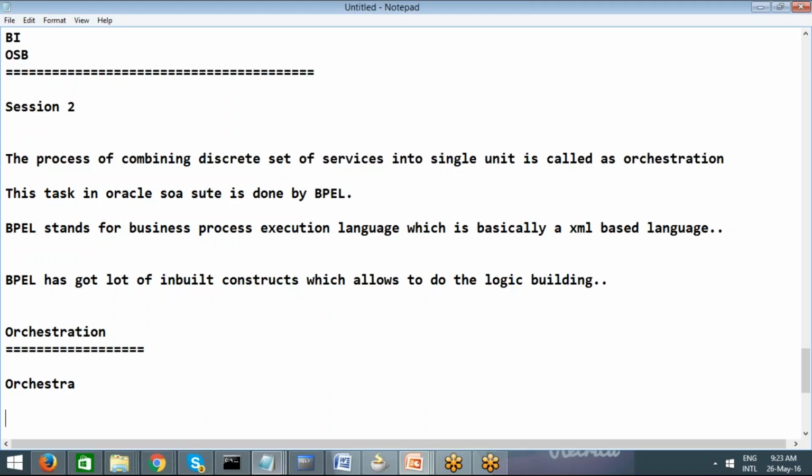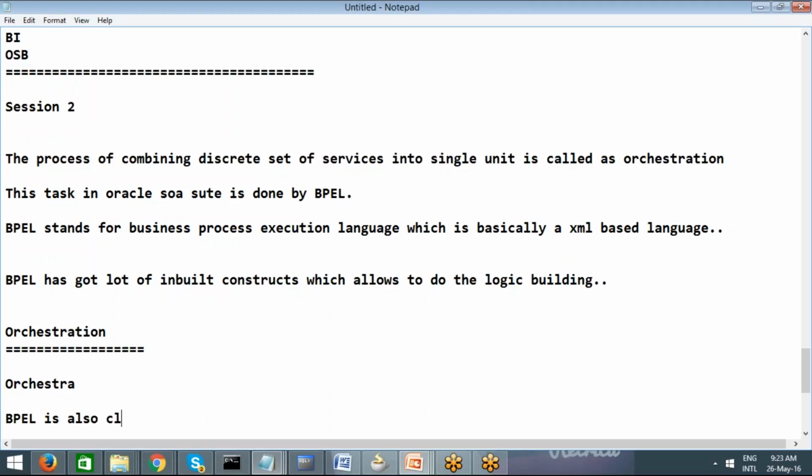There is no need for them to know each other. Only BPEL must know all these services, and when to call which service. All these decisions are taken by BPEL, and BPEL is called the central coordinator.